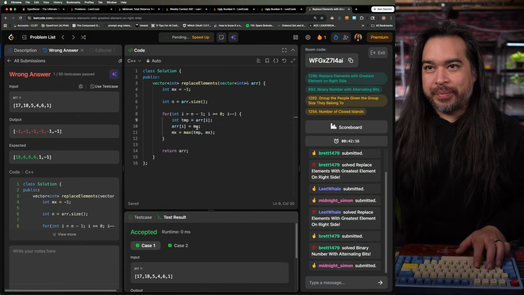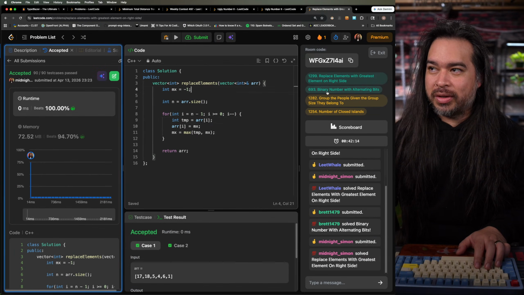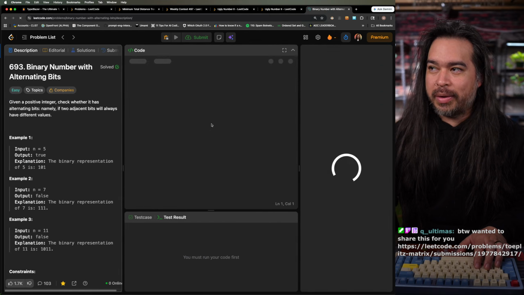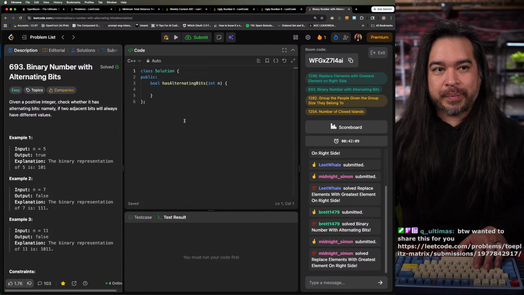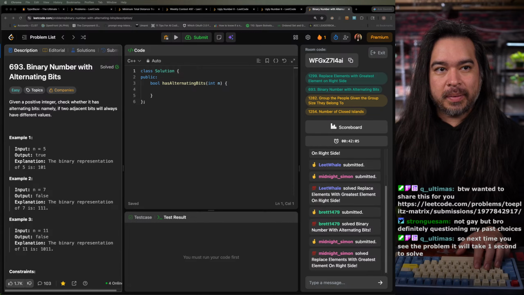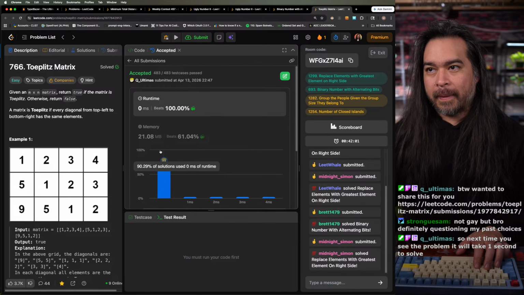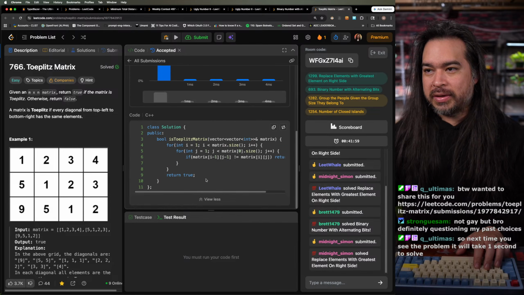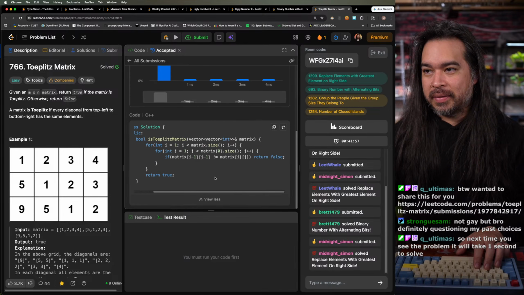All right. That's Q1. Q2 is binary number with alternating bits. You want to share this Q? What is this? Oh, fancy. What?